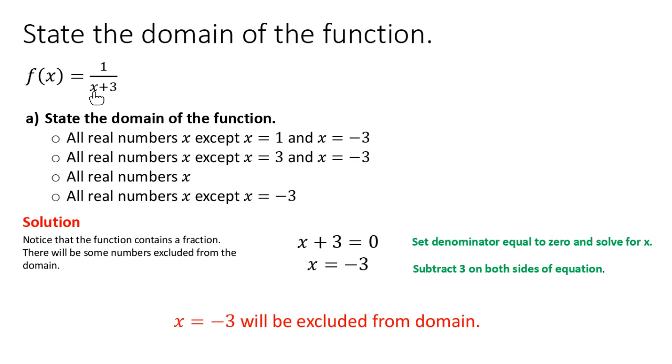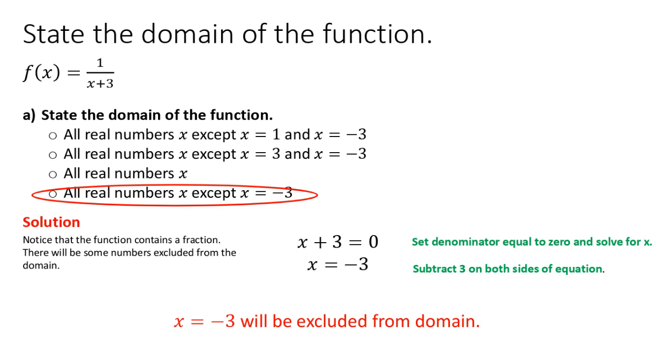If we plug in negative 3 for x, we would have 1 over negative 3 plus 3, and we end up with 0 in the denominator, which we cannot divide by. That's why we have to exclude x equals negative 3. So in my answers, it wants us to choose the domain. We would say that it's all real numbers except for x equals negative 3. That is the first step.